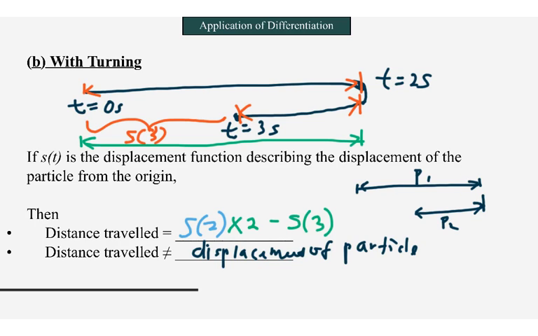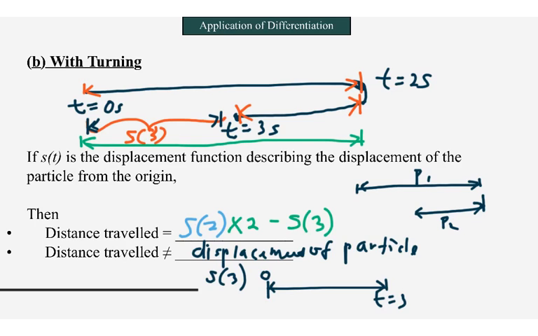Why? Because if you have a particle travel and you are looking for s of 3, that means the displacement of the object at t equals 3, you are only getting the distance from the origin to where it is at t equals 3, only this particular part.